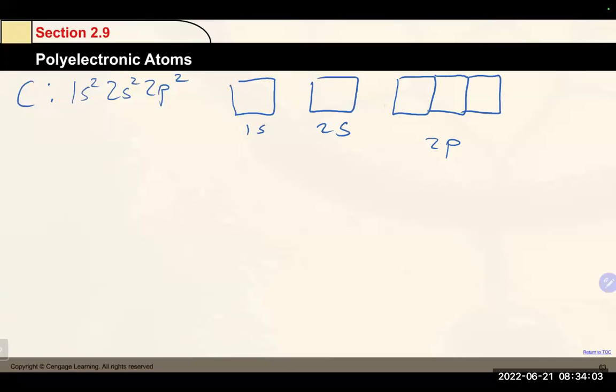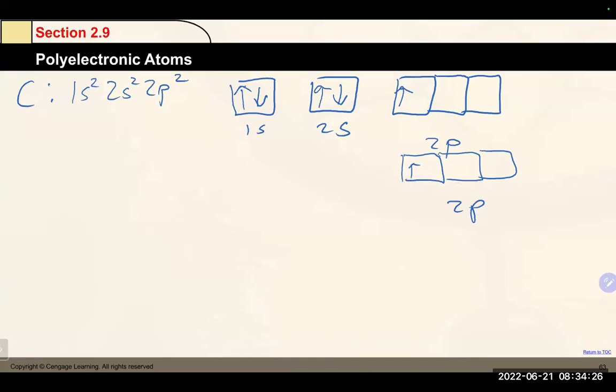And again, first one would go in upwards, second one would go in down. First one here would go up, second one would go down. First one here would go up. And now we have some options here in terms of where we could put our next electron.